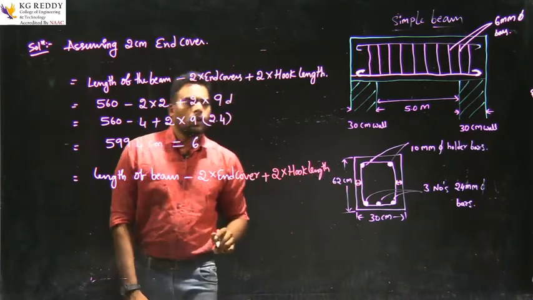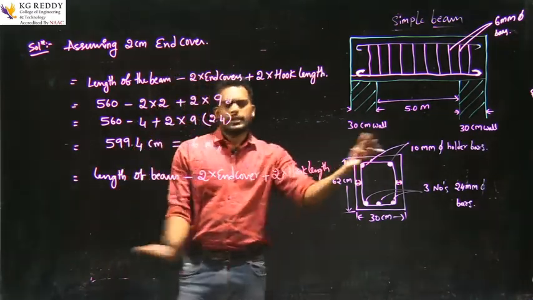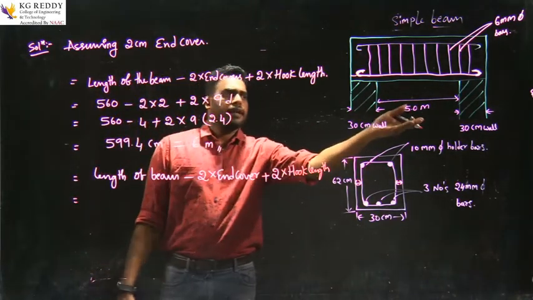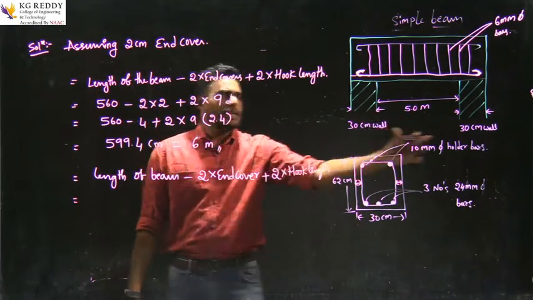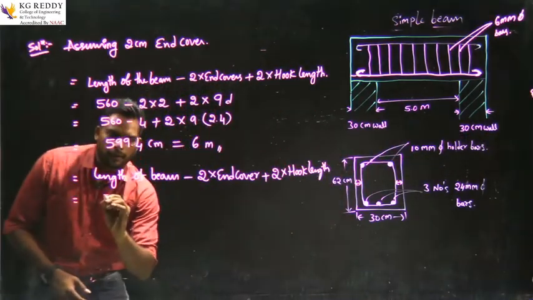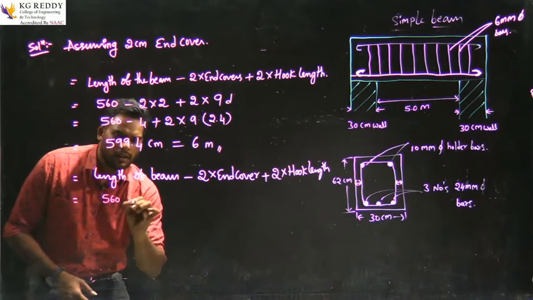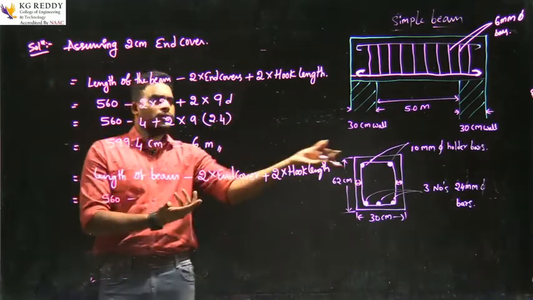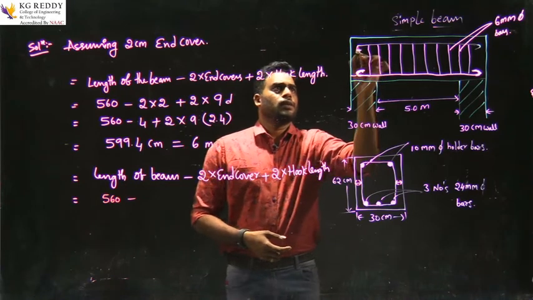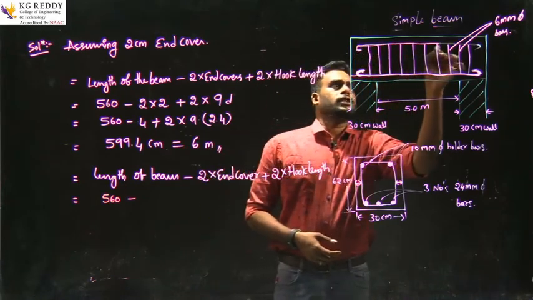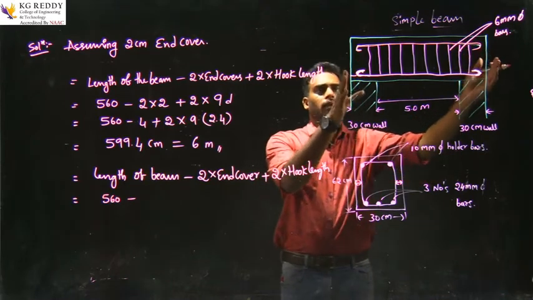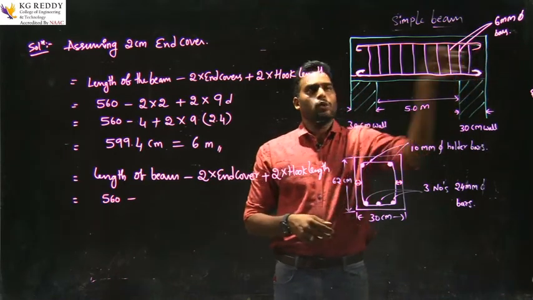Here the length of the beam is 500 centimeters plus 30, total is 560. Same, minus 2 into end cover. We are finding the length of this bar, so we consider the total length of the beam and we are deducting the 2 end covers.